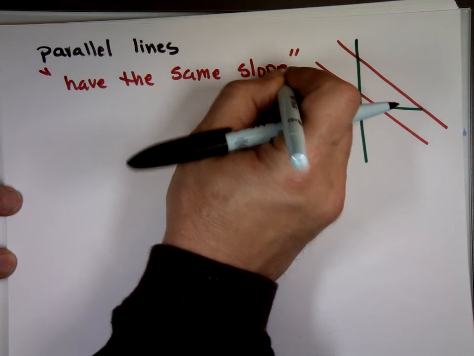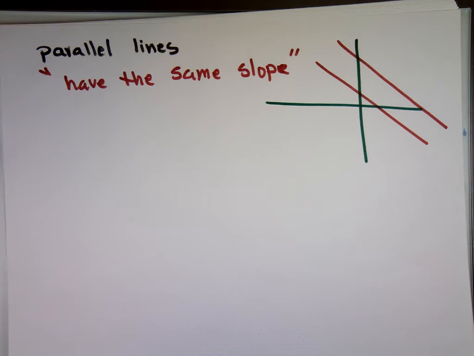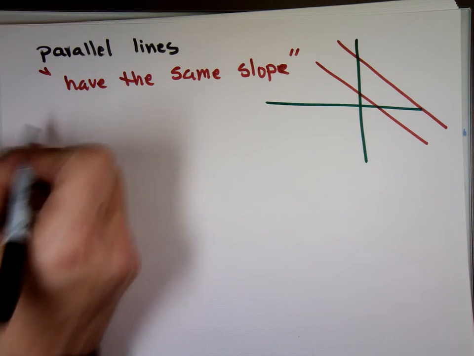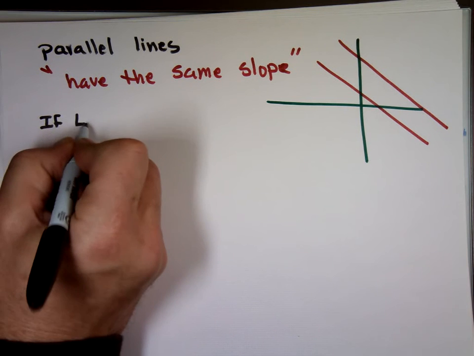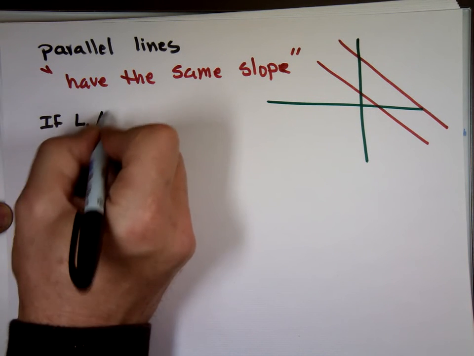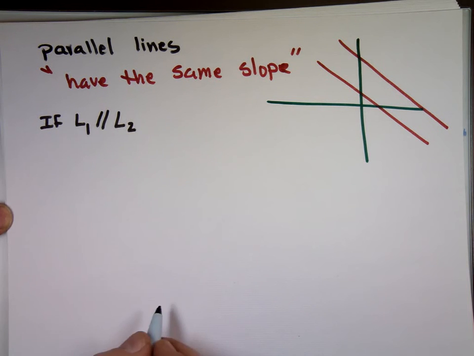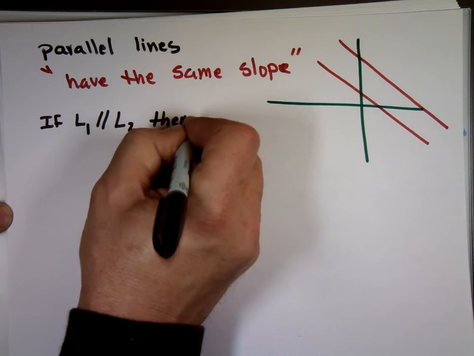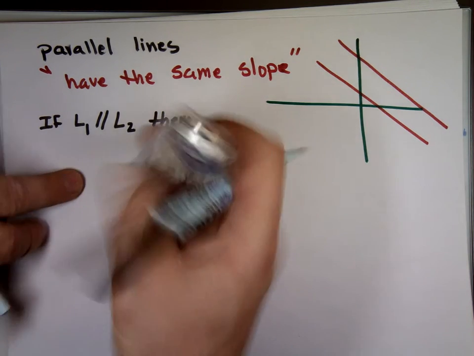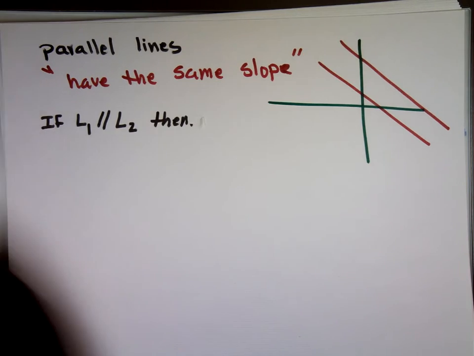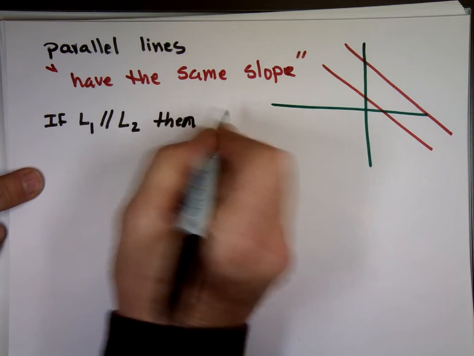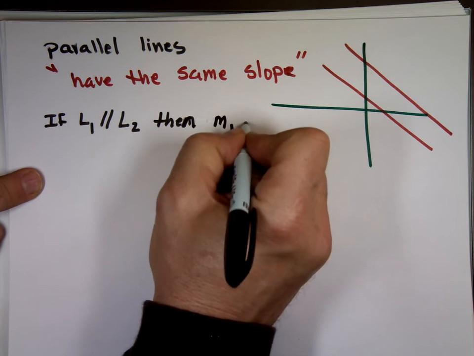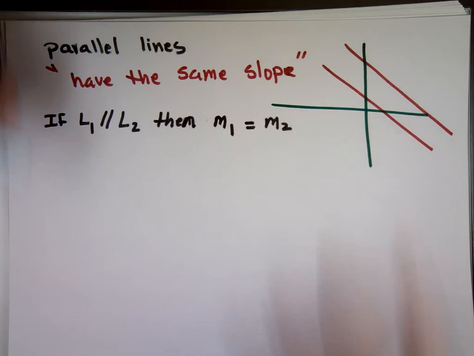So in math, if line 1, L1, is parallel to line 2, then the slope for the first one, which is M1, should equal M2. So once the problem says parallel, you know they have the same slope.